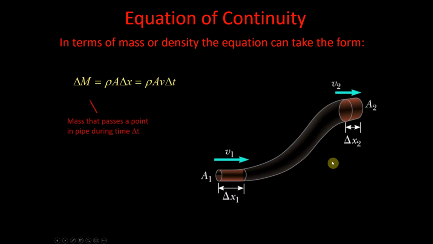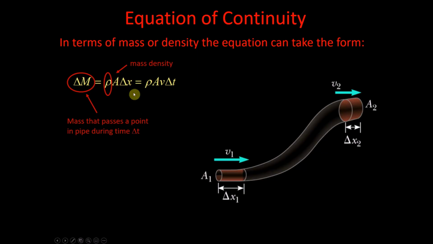This whole thing can be expressed in terms of mass and density. So we're rewriting the previous case that was in terms of volume in terms of mass, because usually what we care about is how much fluid we're shoving through our system. So delta M is the amount of mass that passes a point in the pipe during some time t. Rho is our density of the fluid.